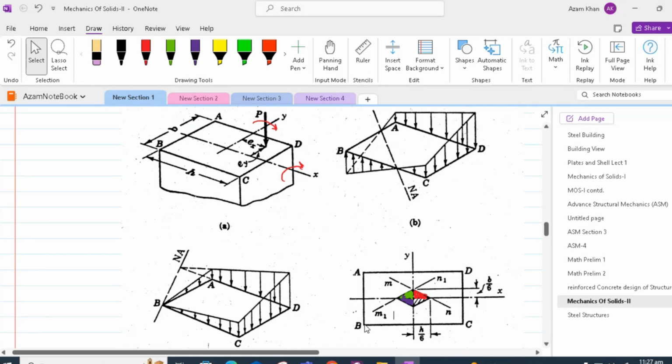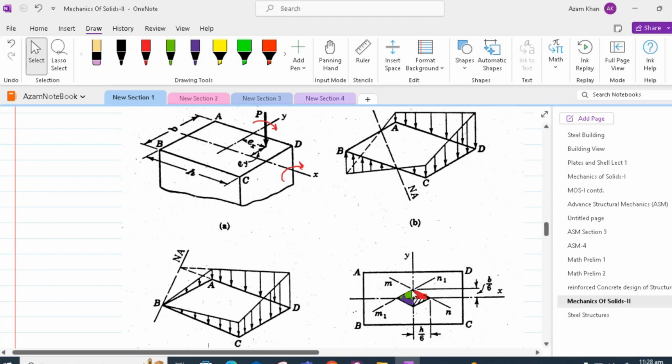At point B, we would have stress equal to 0 if our applied load P is at the extreme boundary of this red region. The same argument can be applied if we have the load P applied in the second quadrant.